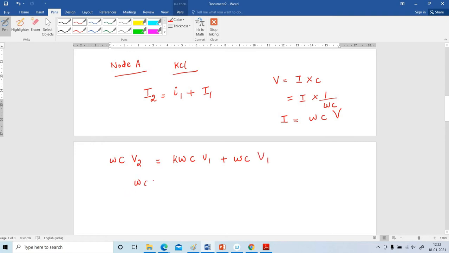Now omega C into V2, here take omega C outside, inside V1 you have to write it first, K into V1. Omega C and omega C get cancelled. From this, I am going to find out the K value. So V2 minus V1 divided by V1, that is equal to K.